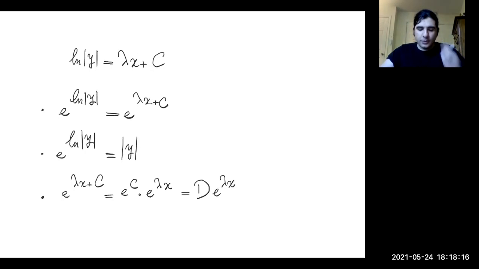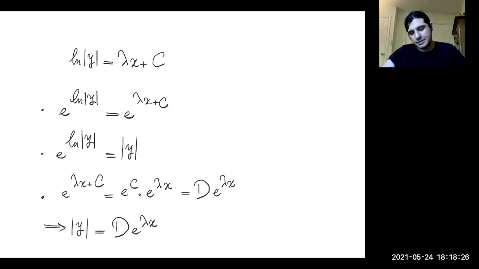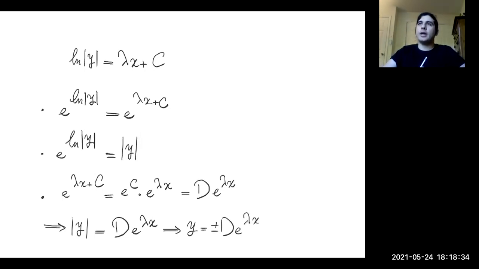Now, having these two things, that means the absolute value of y is equal to a constant d times e to the lambda x. Therefore, y is equal to plus or minus d e to the lambda x, right? If I drop the absolute value, I would get plus or minus.